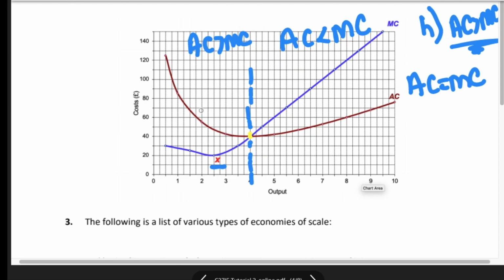So A says, well, an increase in output must raise average costs still further above marginal cost. So what that's saying is, as output increases, average cost remains higher than marginal cost. Is that true? If I'm starting over here and I keep increasing our output, does average cost always stay above marginal cost?